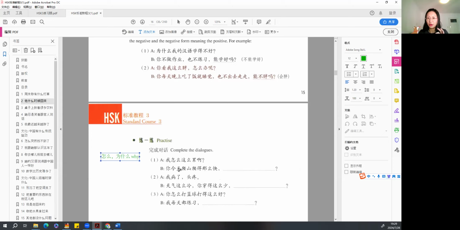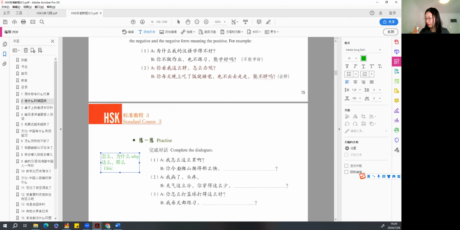So 这么 and 那么, these two indicate the level of the adjective or of the verb, to describe. It's kind of like 非常, 很, 好, 很.